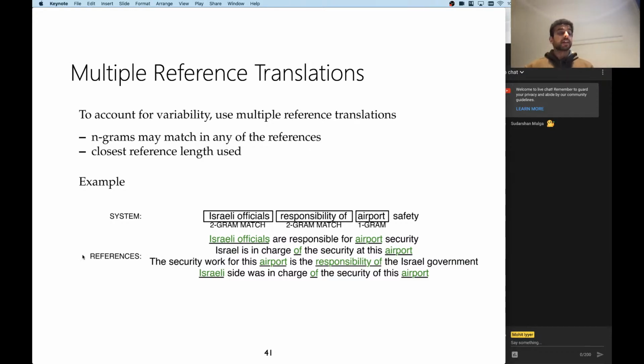If we're talking about precision, it's very easy, right? Let's say I'm looking at the bigrams, I can look at Israeli officials, and I can see if in any of the references there was this bigram Israeli officials. If there was, I get some points for that. If not, I get no points. Similarly, I can look for this phrase responsibility of, which note that it's not in the first reference, but it actually does occur in the 3rd reference.